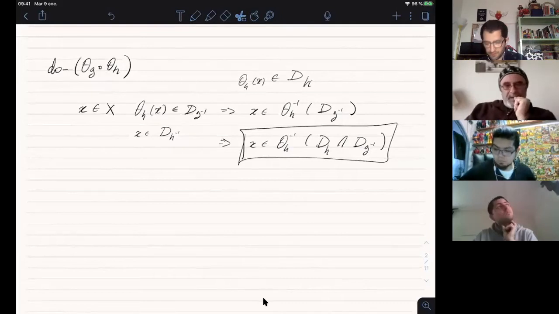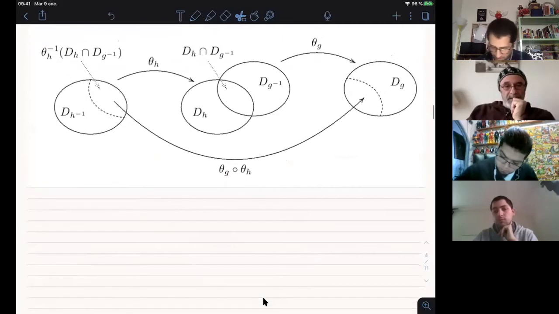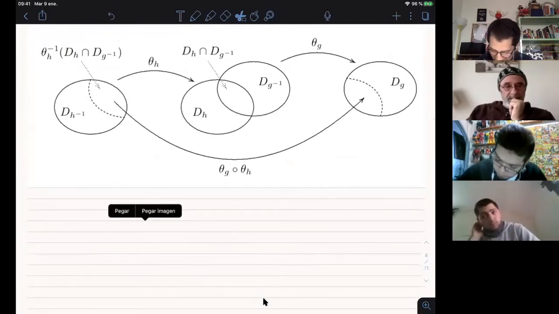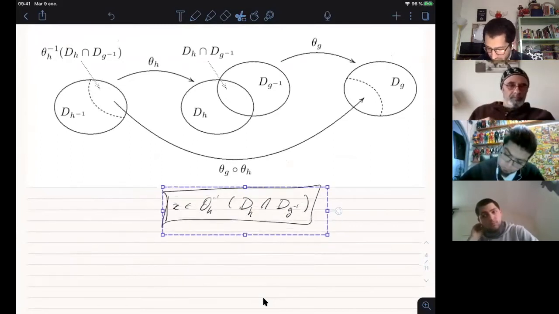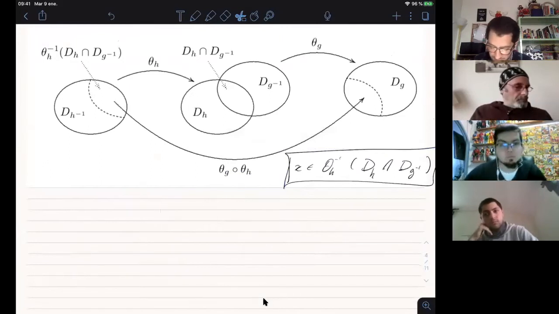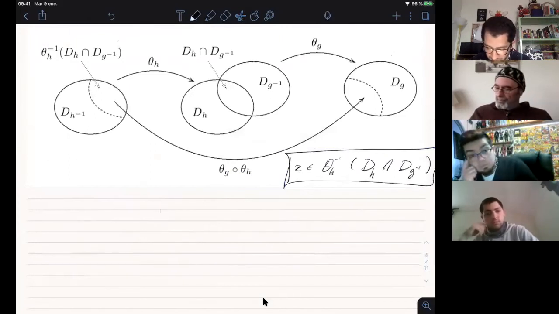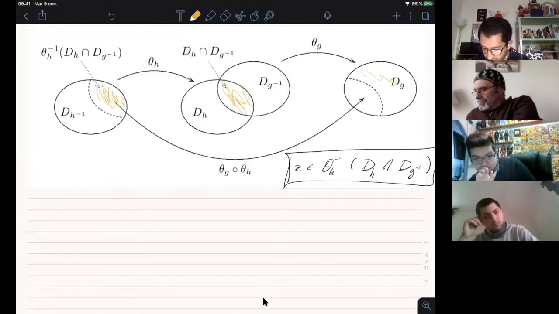Okay. Then, well, here is a nice image of this. And this is the formula. So we can see it right now. It's not that hard. At least I like to paint this. This is going to here, and this is going here. I'm sorry, here.